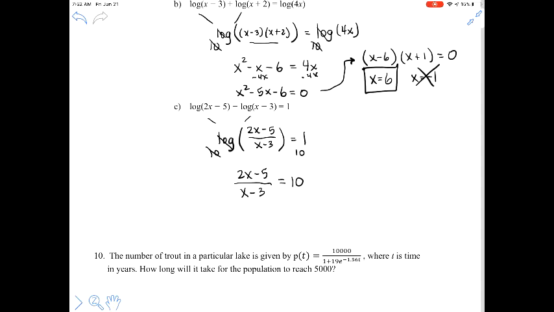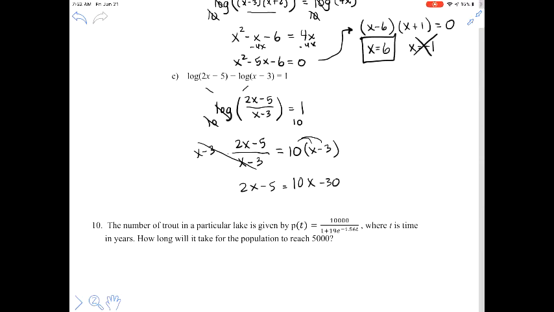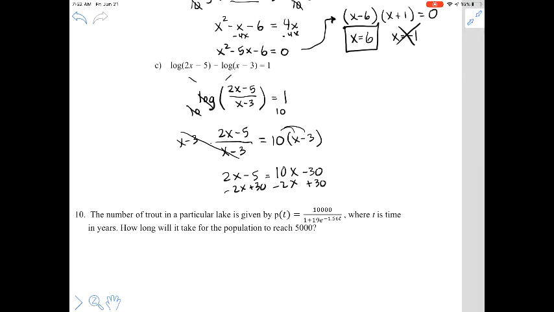Now, I don't want to have an equation with a fraction in it, so I'm going to multiply by the denominator. Now I've got 2x minus 5. I'm going to go ahead and distribute there. Get 10x minus 30. And I'm just going to solve the equation. We get 25 equals 8x. X equals 25 divided by 8.